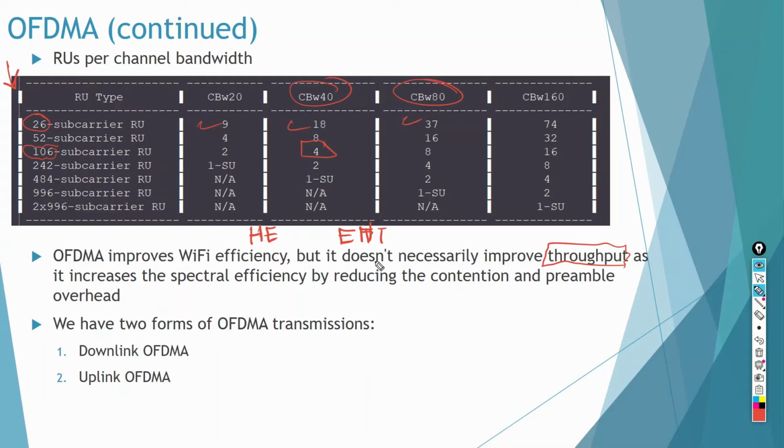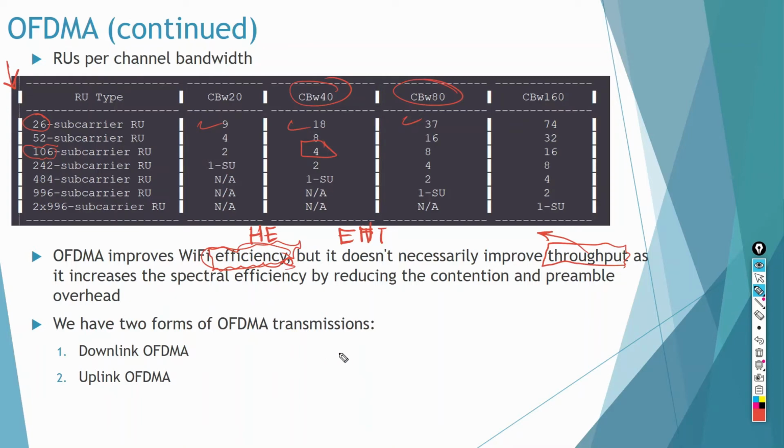So we mentioned here that it's not necessarily improved, but it might improve. But the main target of Wi-Fi 6 is efficiency. So there might be throughput enhancement, but it's not the main target of Wi-Fi 6. Throughput could be a byproduct of the efficiency that Wi-Fi 6 has introduced.